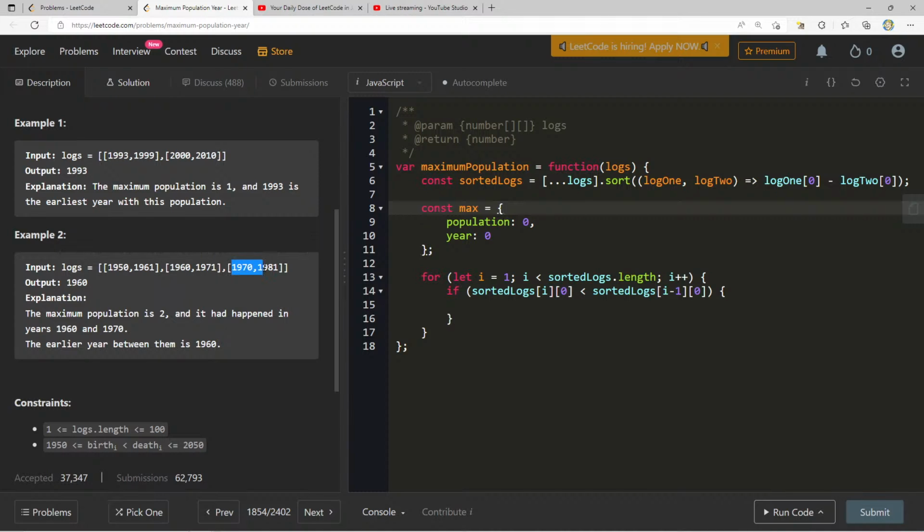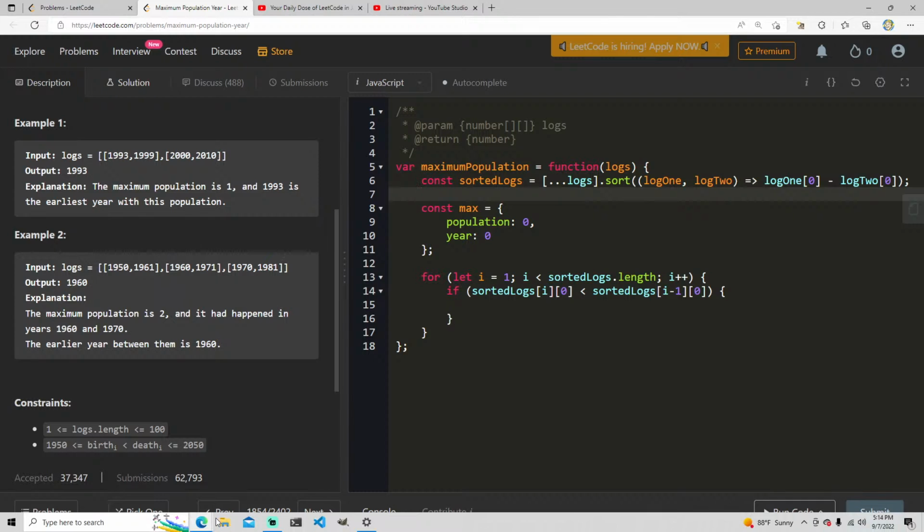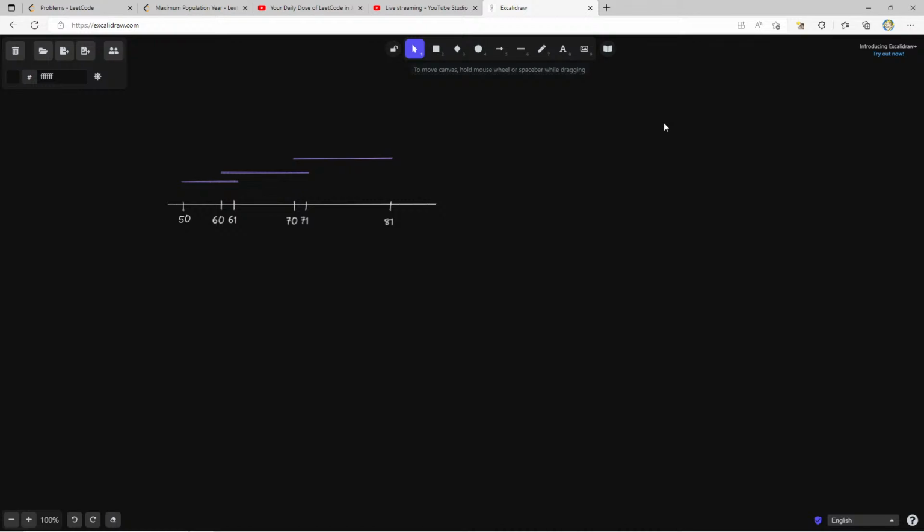And then we get to the next one and we can say 1970 and 1971, but we want to return the earliest one and this year is later, so we don't actually set it. But why would 1950 and it happened between the years 1960 and 1970? 1950, 1961, based on our drawing, let me see here.